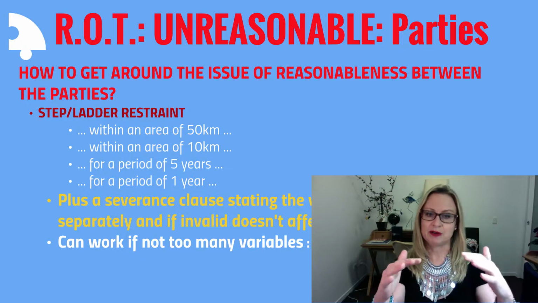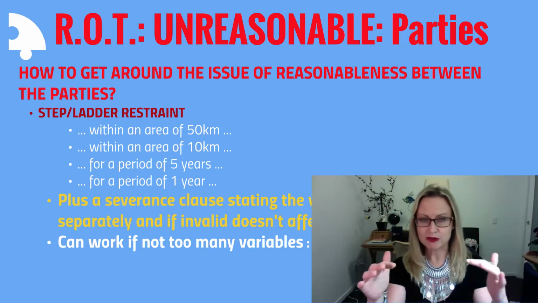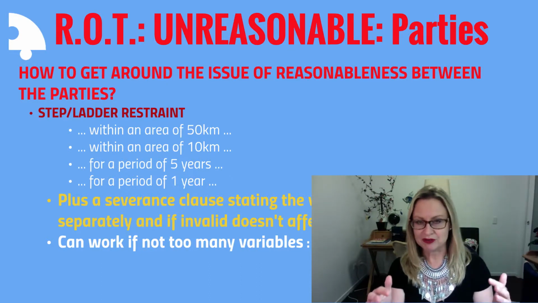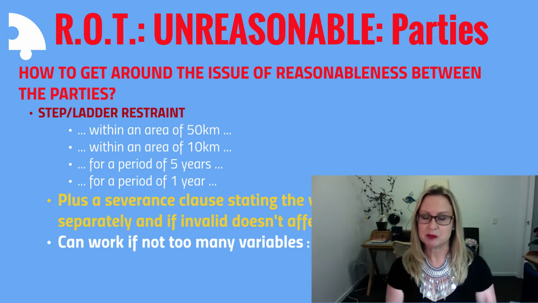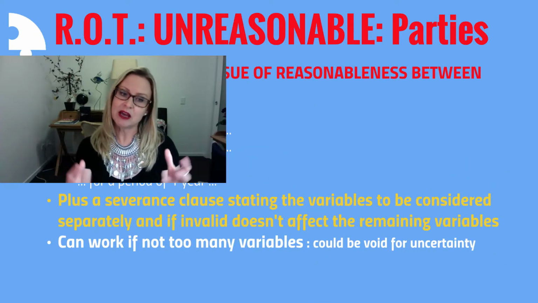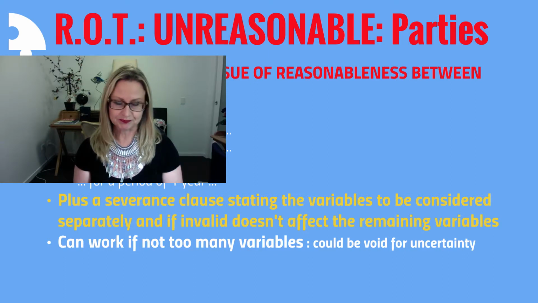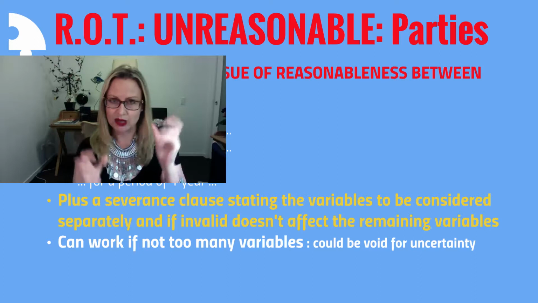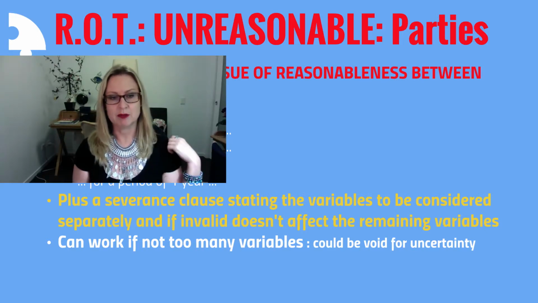So you'll have an area of 50 kilometres, or an area of 25 kilometres, or an area of 10 kilometres. Then you have a period of 25 years, a period of 10 years, a period of 5 years, a period of 3 years, a period of 1 year, for example. And then that will get coupled up with a severance clause so that the court can just take out their blue pencil and work out which one is the most applicable.